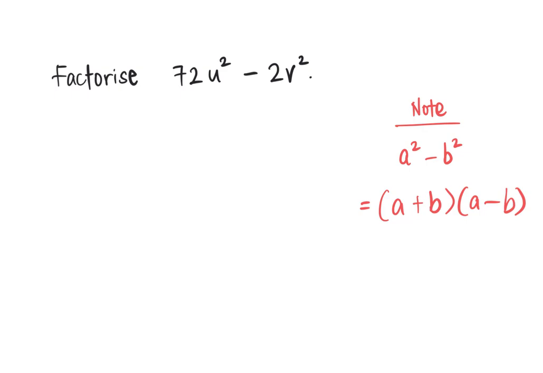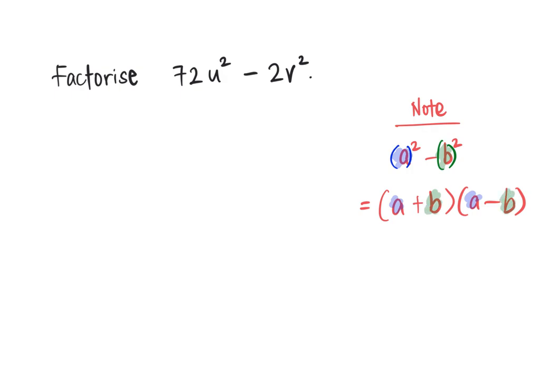I see something square minus something square. I realize I can tap on A square minus B square equals A plus B, A minus B. And now our job is to identify my A square, what is my A, and my B square in this formula.